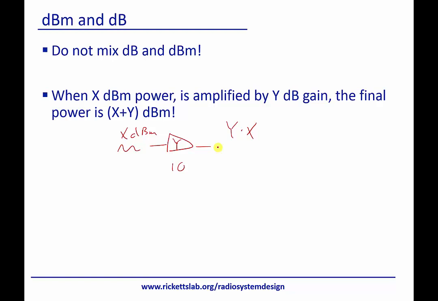And I want to stop you for a second and think about something a little bit different. What would happen if I had the output of two amplifiers, Y1 and Y2, and I now add them? I'm doing this contrast so you can see the two.